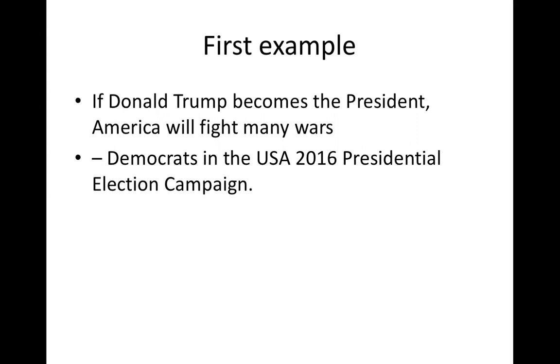Now they were saying this because it was clear to everyone that Donald Trump is an aggressive person, but being an aggressive person doesn't necessarily mean that you start a war. What they forgot is that Donald Trump is a rich man who has investments all over the world. So if he starts a war, his own investments are going to be destroyed.